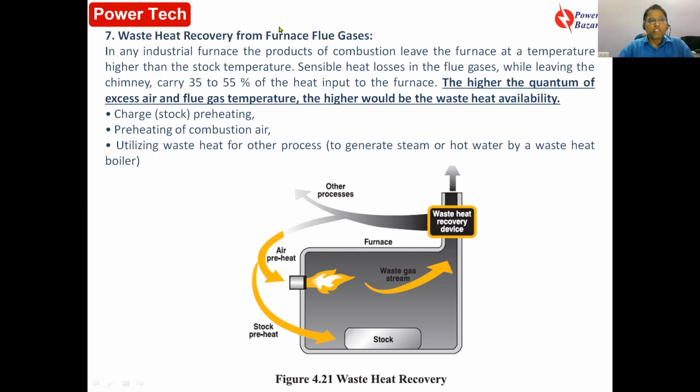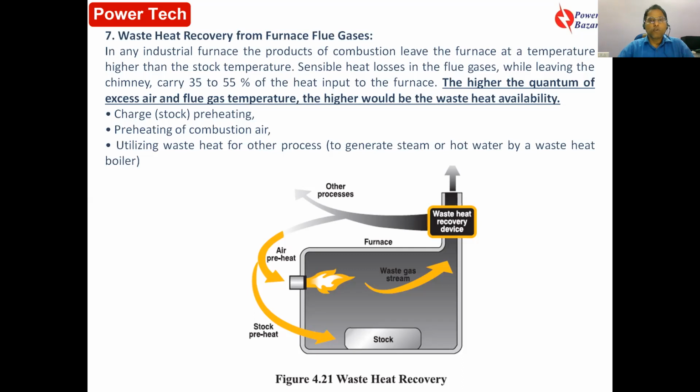Now, the 7th one is basically waste heat recovery from furnace flue gas. As I told you, furnace operates at a very high temperature, normally at around 1000 degrees centigrade, due to which the hot flue gas goes out and it takes enough of the heat contained in the furnace as dry flue gas loss.